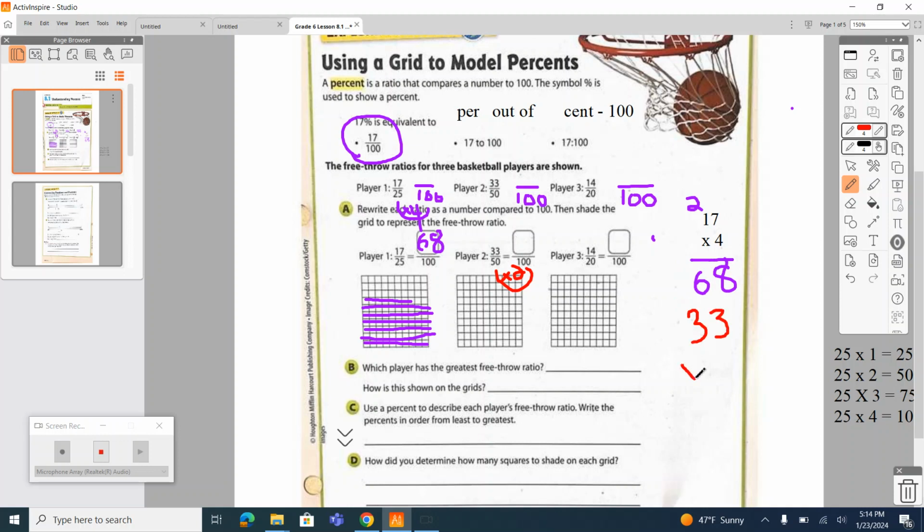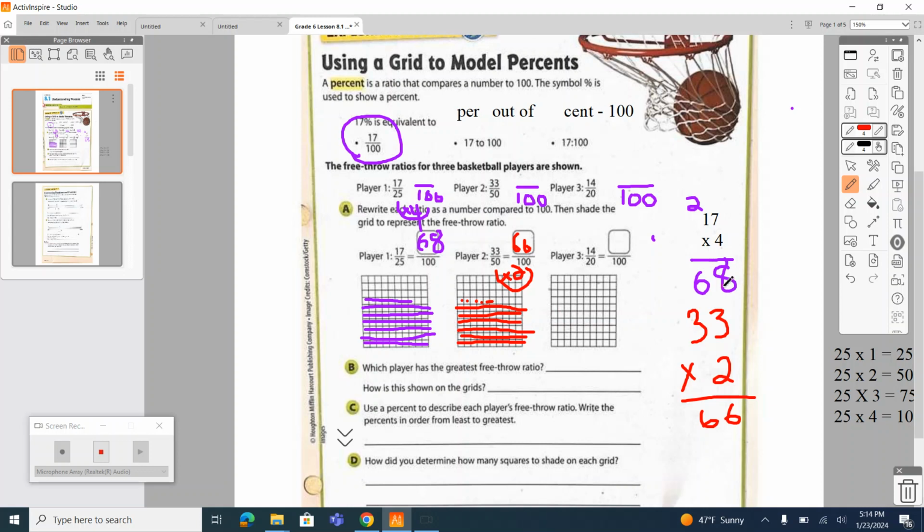And I'm going to get 66. So this is going to be 66. And I'm going to shade that in. 1, 2, 3, 4, 5, 6, and 1, 2, 3, 4, 5, 6. So we've shaded in 66 over 100.